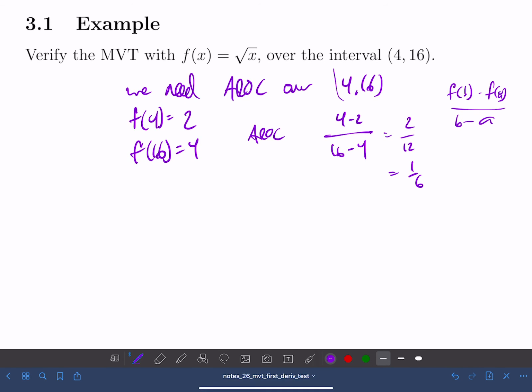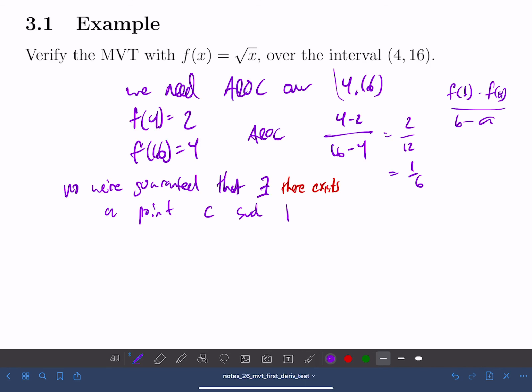Alrighty. Now we're guaranteed that there exists, but it's so much easier just to write it backwards, capital E, a point c such that f prime of c equals a sixth. We're guaranteed to be able to solve it. We might have to use numerical techniques to do it, but we're guaranteed it works.